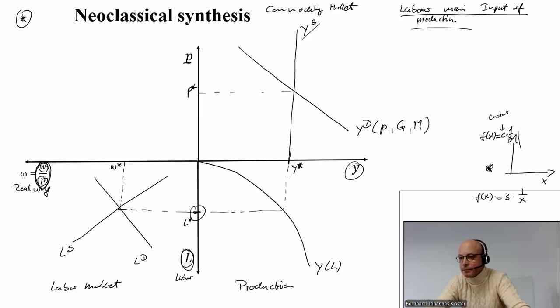Yep, not a minus. 1 over a positive number is still a positive number. But if I increase x and divide by an increasing number, in the limit it goes to 0. I'm dividing through a larger and larger number.